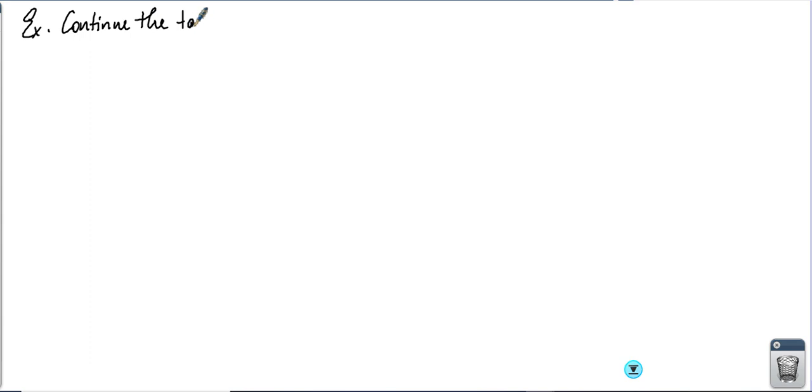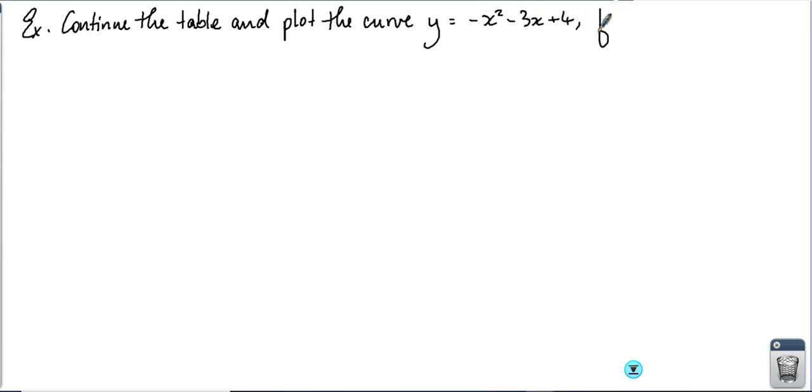Continue the table and plot the curve y equals minus x squared minus 3x plus 4 for values of x between minus 6 and 3.